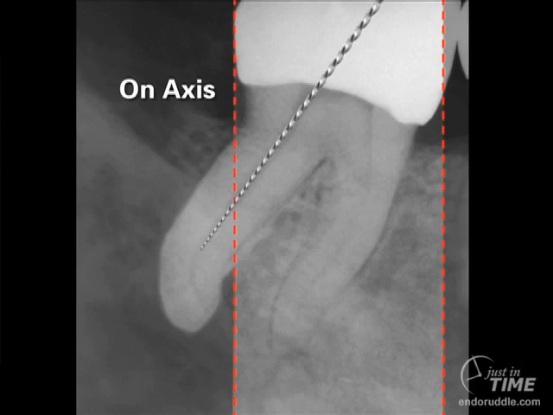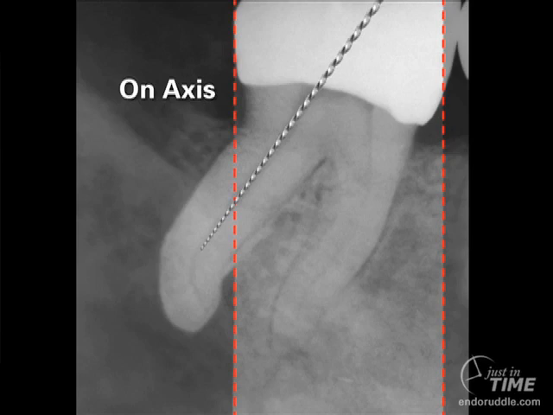Well, here's a slide that if you look at the red dotted lines, you'll see that they're coming off the mesial and distal surfaces of the clinical crown. And you can see that the distal root lies outside those dotted lines. In this instance, when the roots do not lie underneath the circumferential dimensions of the clinical crown, you can still have a file come out off axis, but it can actually be on axis to the root.